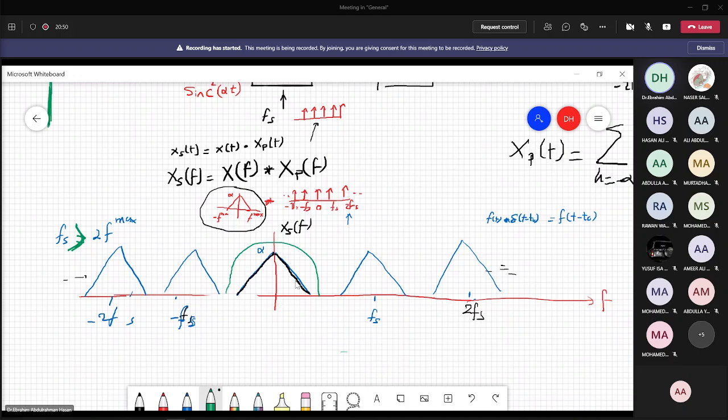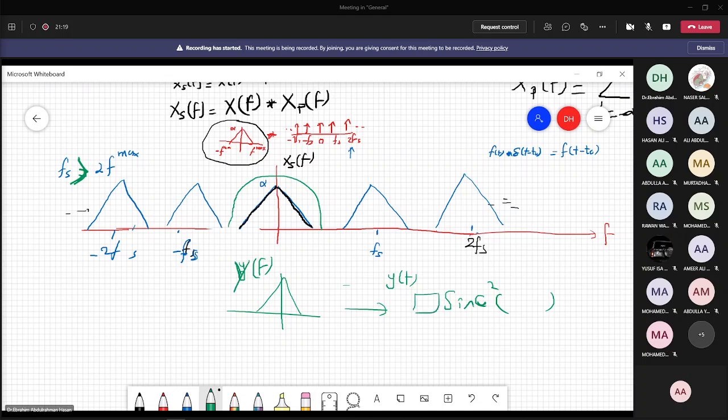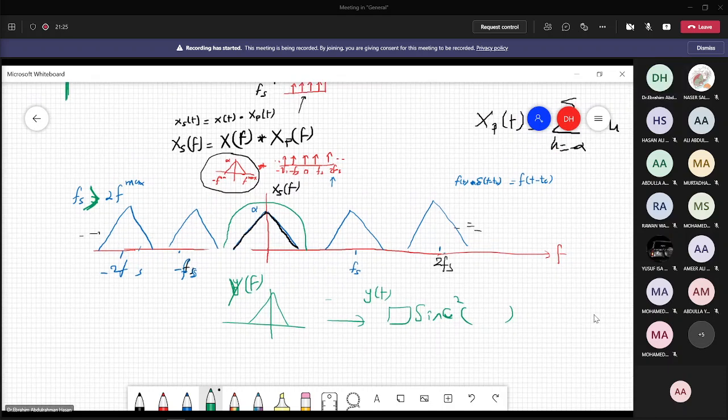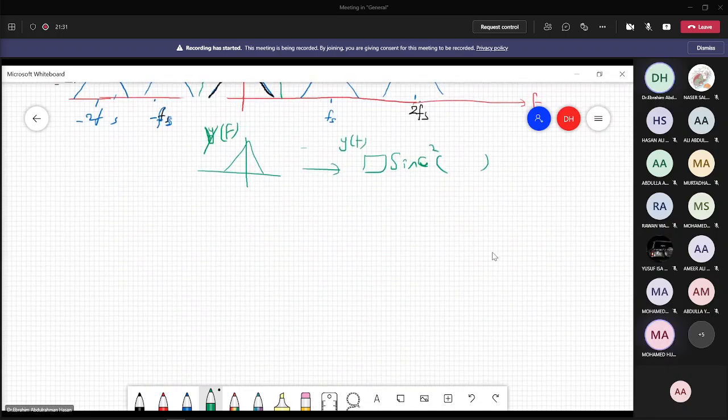If you put a filter and pass only this one and reject all the others, then this will be y of f, and y of t in the time domain is sinc square. Is the idea clear? Any question?